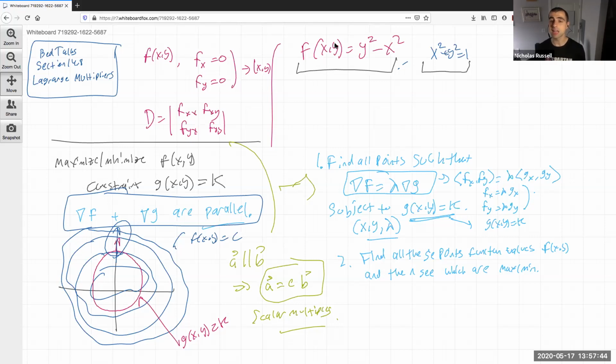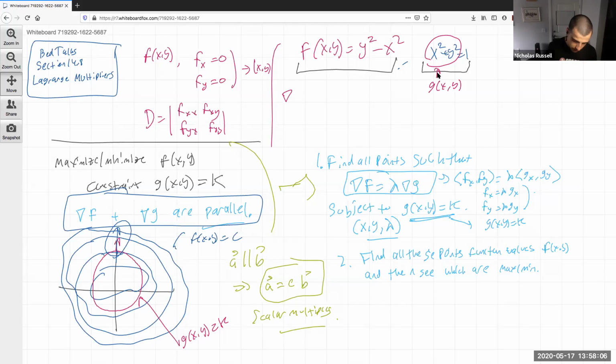So let's take this exact example that I already constructed up here, and we'll do a couple more. In this case, we define this as g of x, y. And I'm going to take the gradient of both of them.